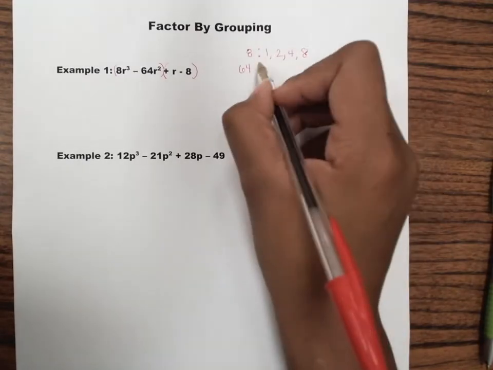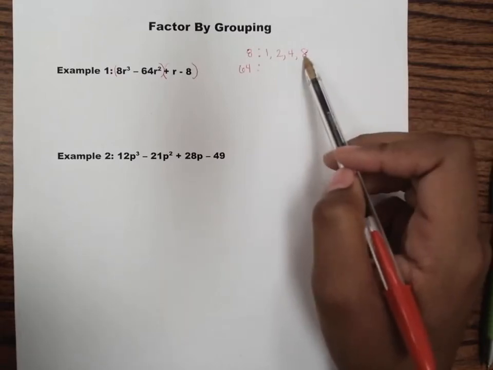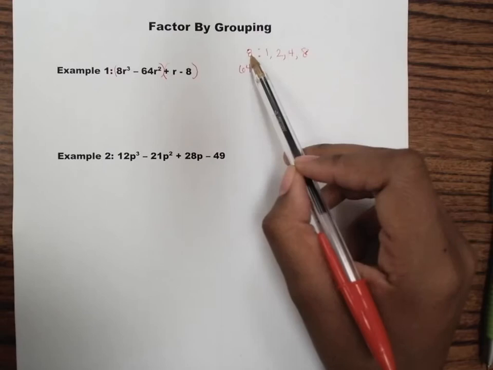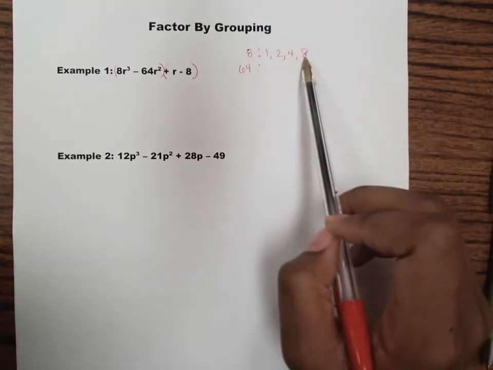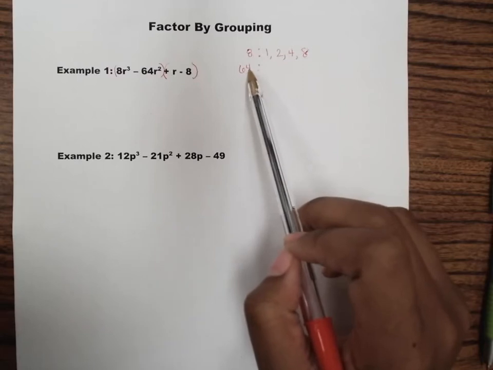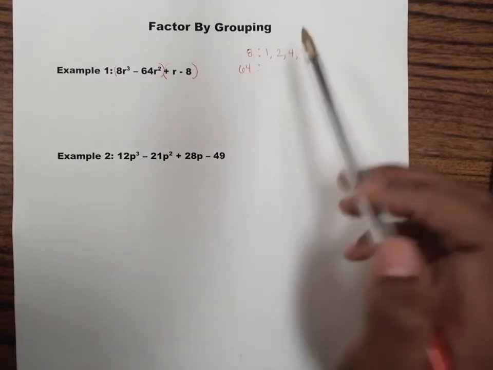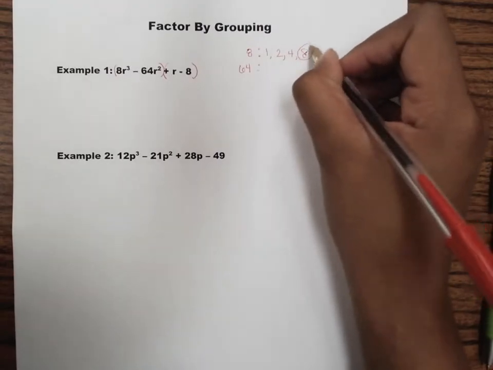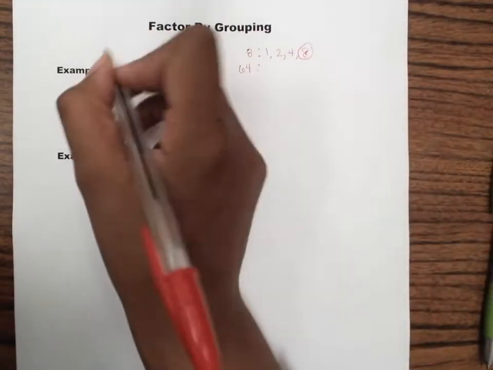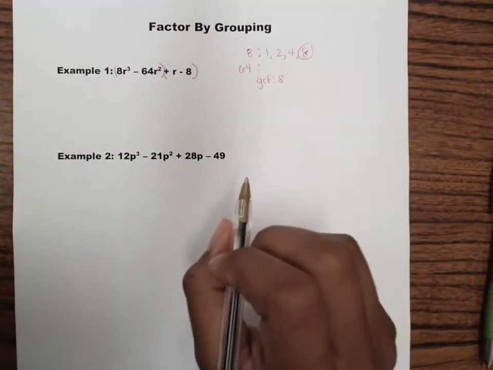Now rather than completely factor out all of 64, I know the highest possible GCF that I can have is 8, because the largest factor of 8 is 8 itself. So I'm going to start with 8, and I know 8 can go into 64. Therefore, without even having to check 4, I know that the highest possible GCF between the two numbers is 8 itself. So I'm going to write this over here, GCF 8.